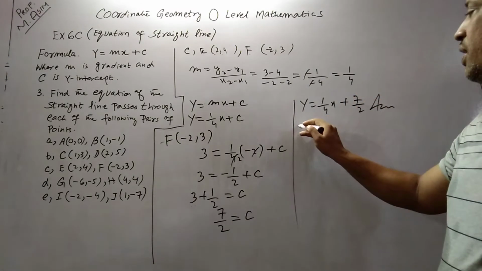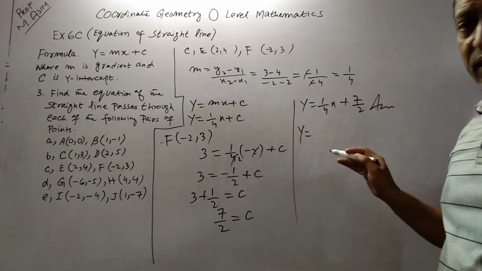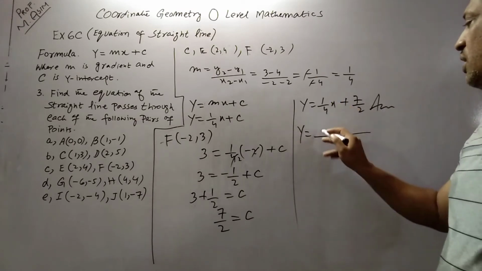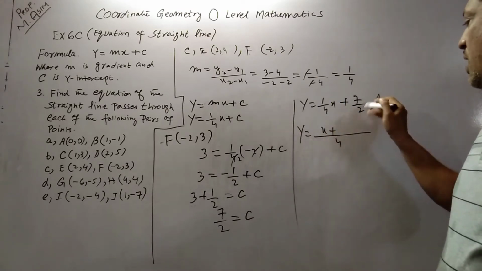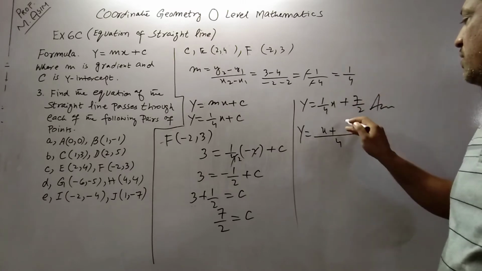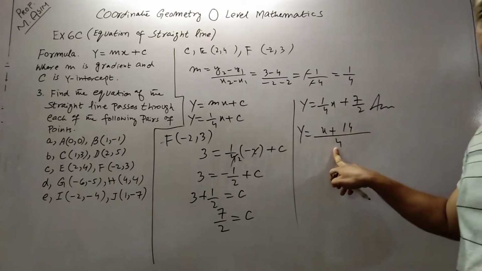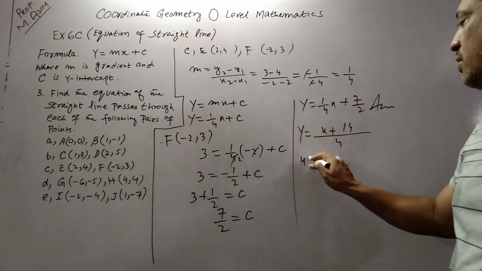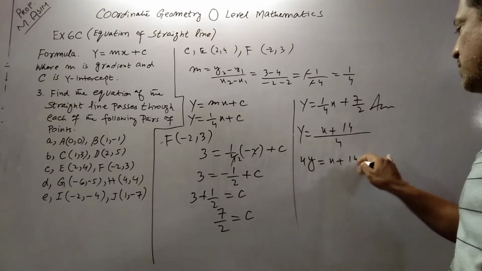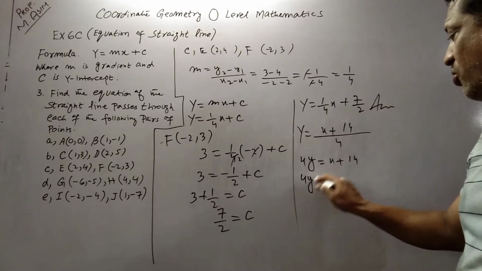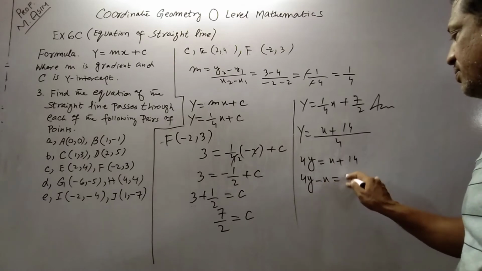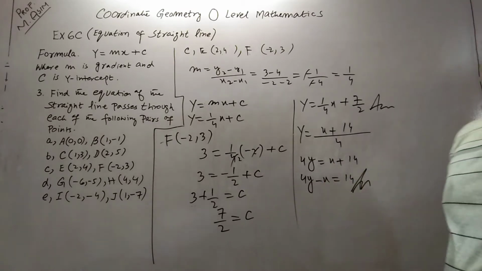no problem. You can take LCM of 4 and 2, which is 4. 2 2s are 4, 2 7s are 14, and this 4 is divided over here. This should multiply. 4y = x + 14, or if you move this x, it will become minus.